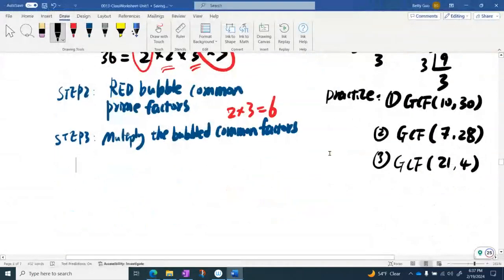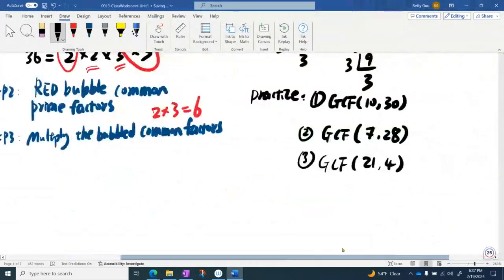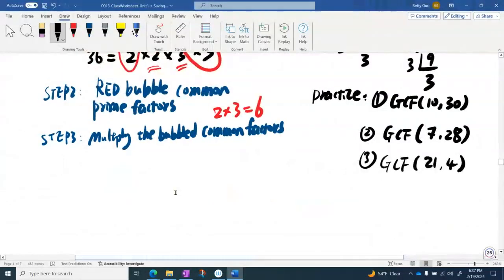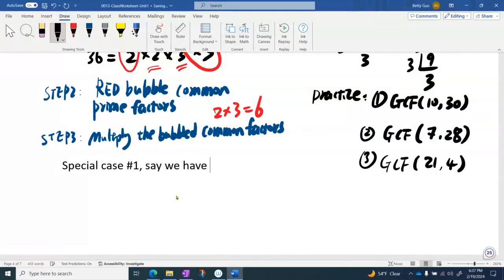Let's see how do we get an answer, all right? I want you to write down two special cases here. I'm going to type here. Special case number 1. Let's say we have two numbers. Whole numbers, okay, by the way.